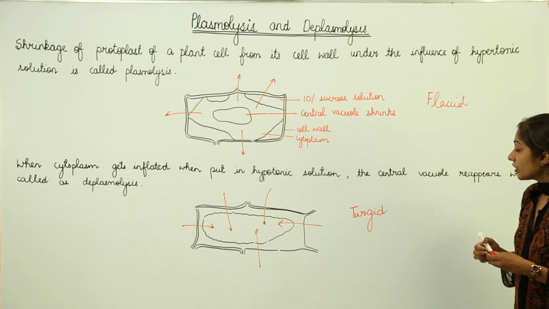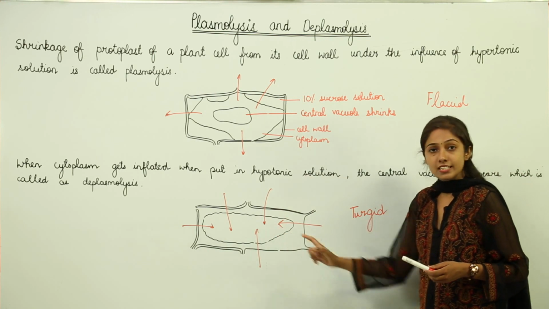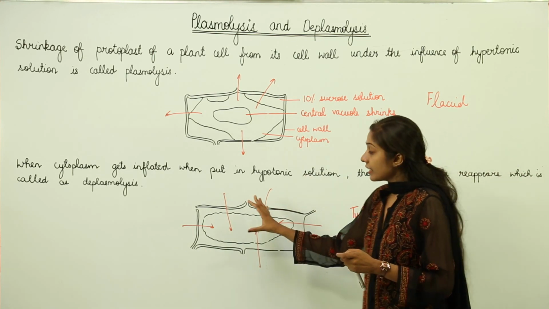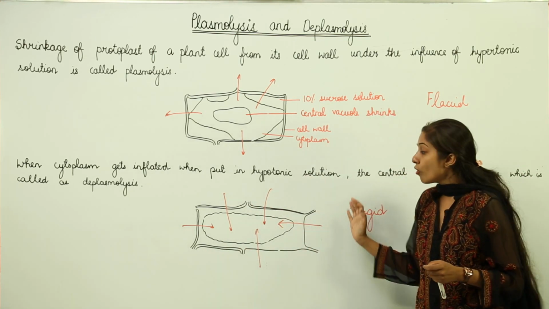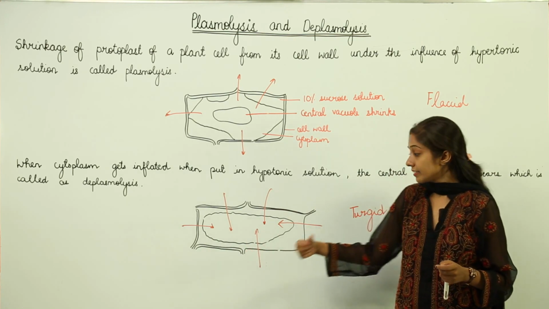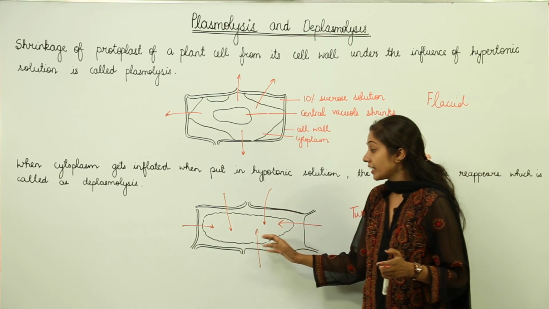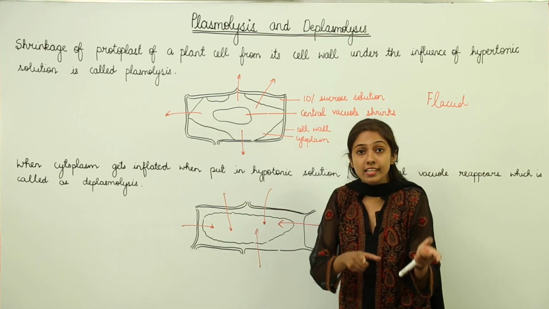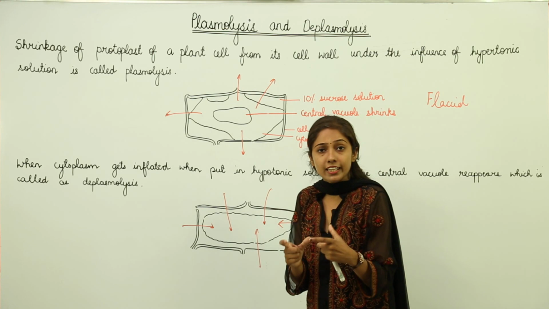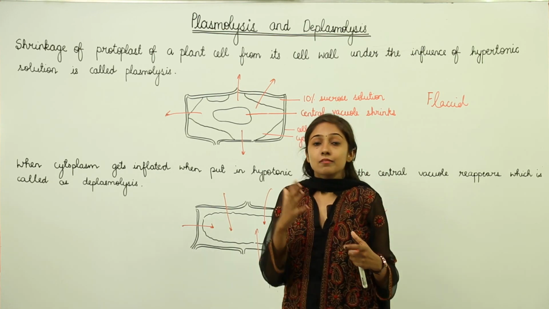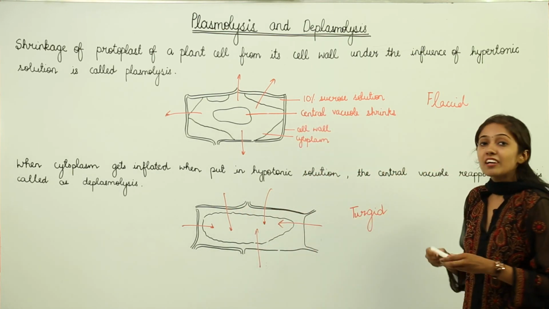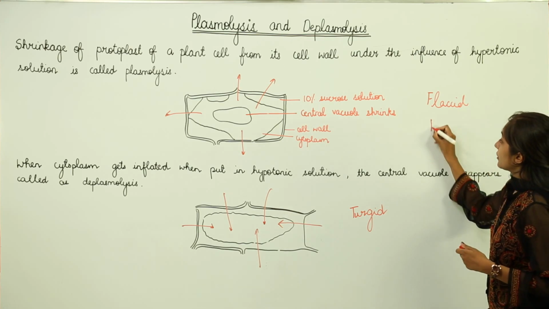Now, when we talk about turgidity, in case of a turgid cell, this cell cannot accommodate more water molecules to come inside, right? Now, when the root cells are in the turgid state, they develop a pressure that we call root pressure.